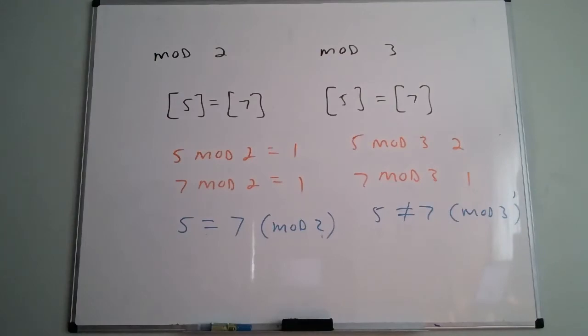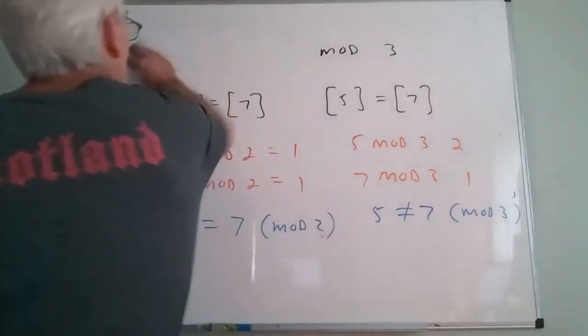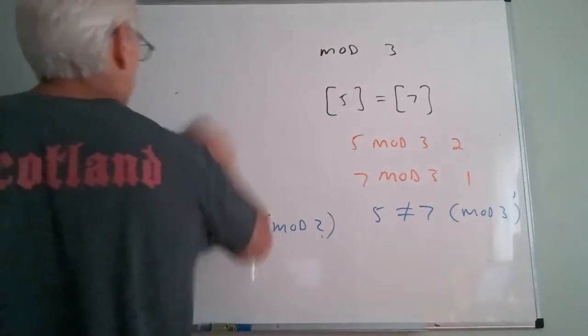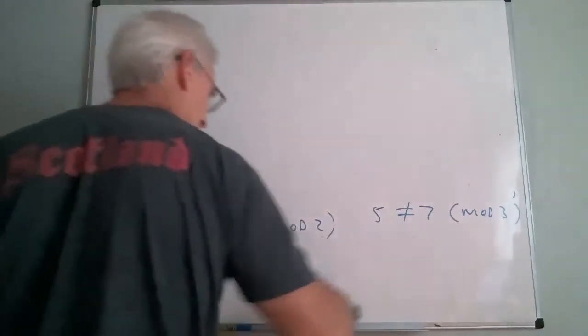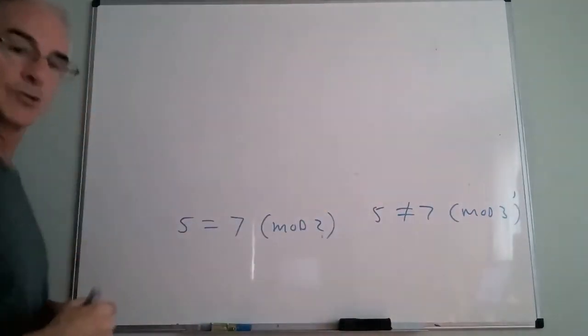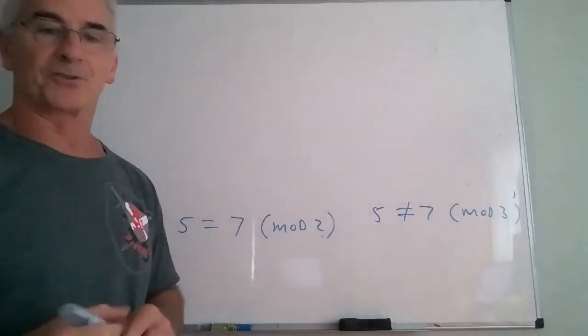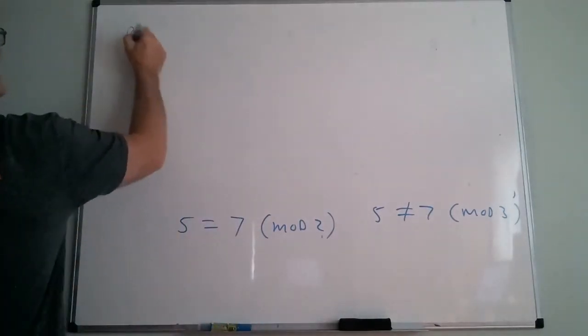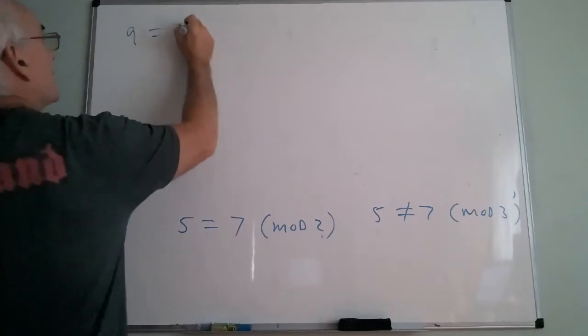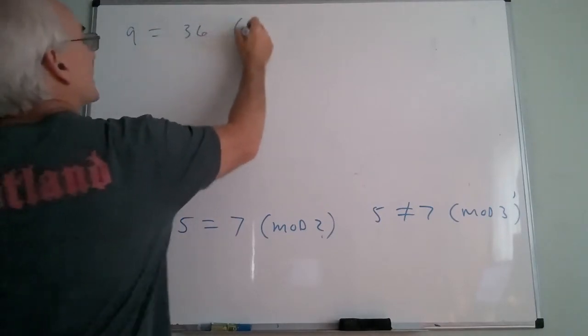Okay, so let me give you a few then. Again, this is just an exercise, and there's absolutely nothing that should truly strain your brains. All right. 9 equals 36.